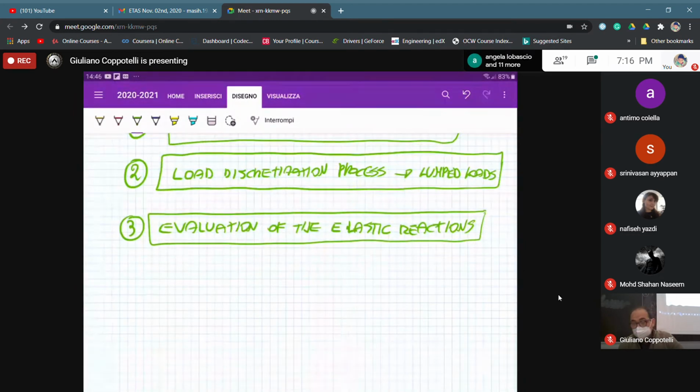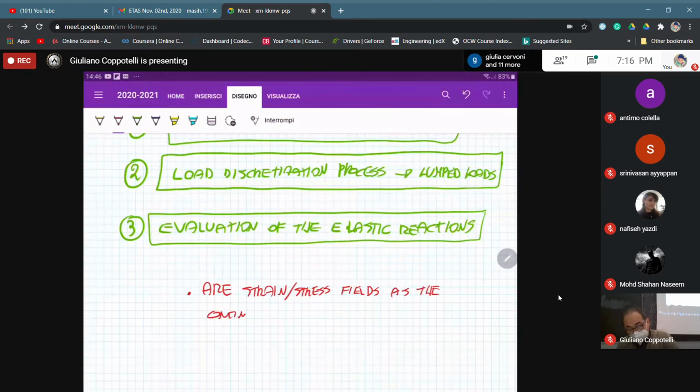So what we are doing is just asking those questions. Are the strain and stress fields the same as the continuous distribution, continuous loading?